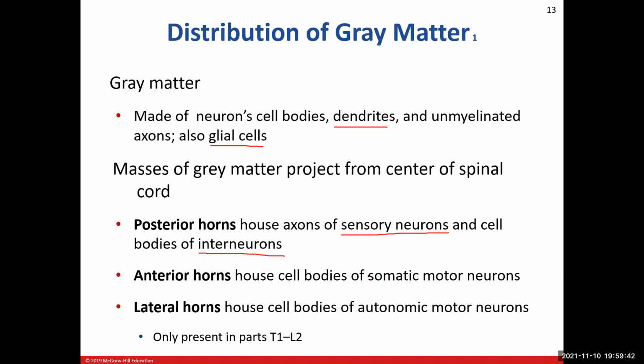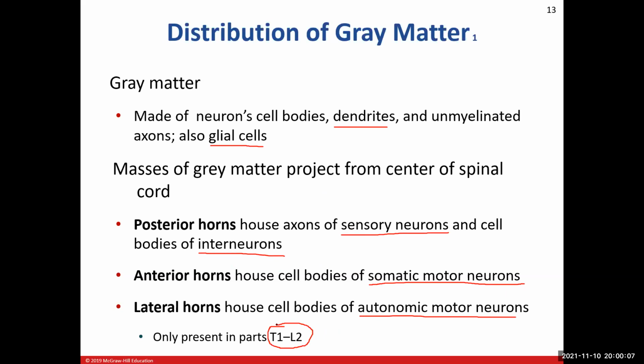The anterior horns, and it's important that you know this, contain the somatic motor neurons. I mentioned that in lecture tonight. The lateral horns contain the autonomic motor neurons. We're only going to see that in T1 through L2. I recognize that combination of letters and numbers.